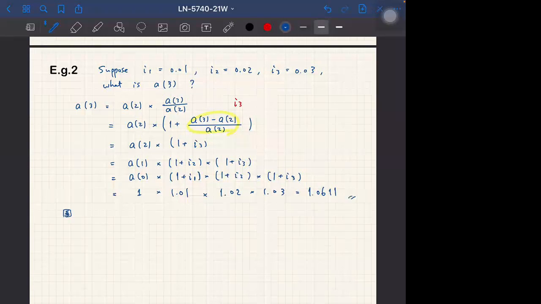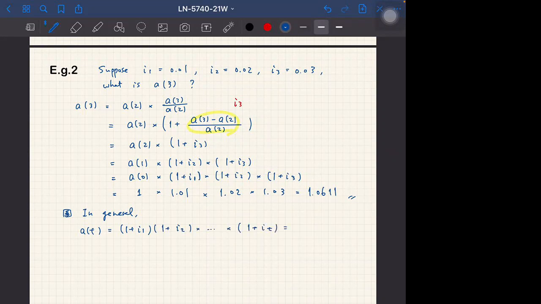So in general, we can say that A of t for a given integer t is equal to 1 plus I1, 1 plus I sub 2, up to 1 plus I sub t.